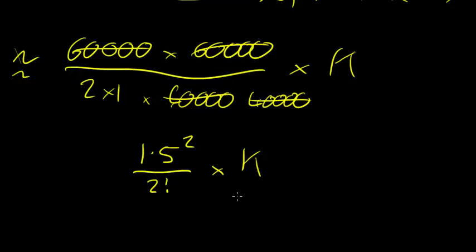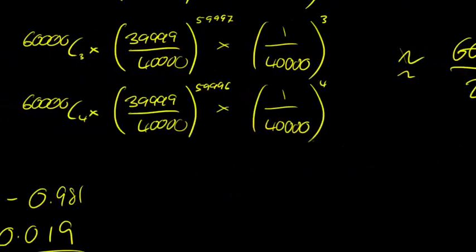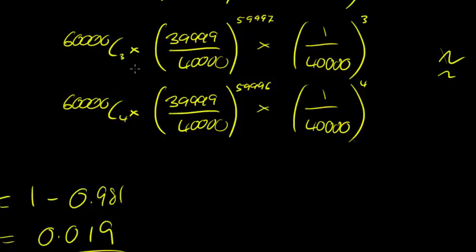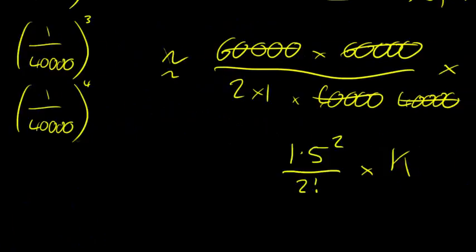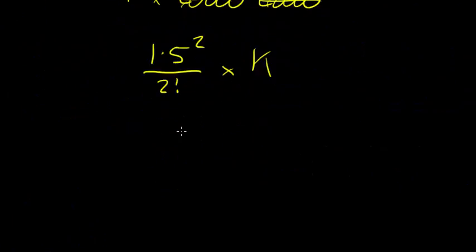Now, if I then carry this on for the next one, if you follow through the same maths, I'd get 1.5 cubed over 3 factorial times k.